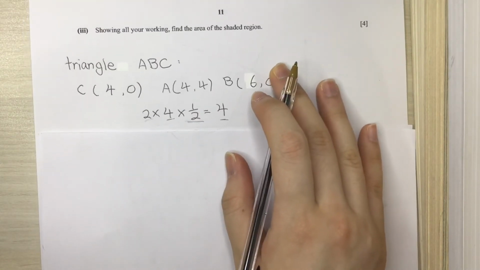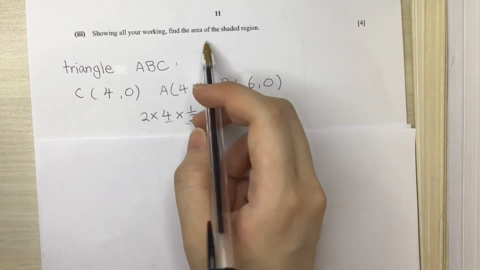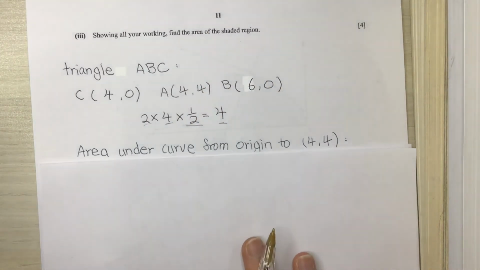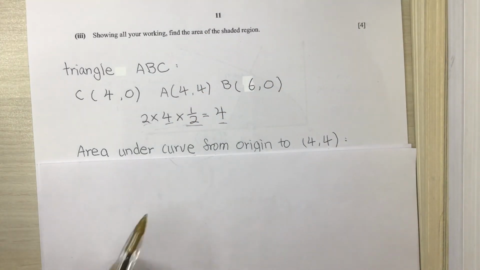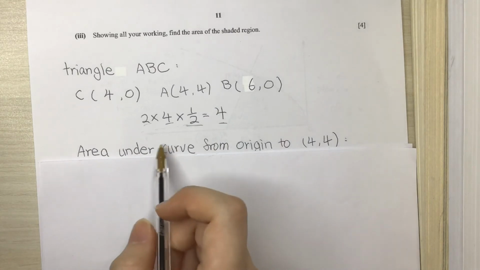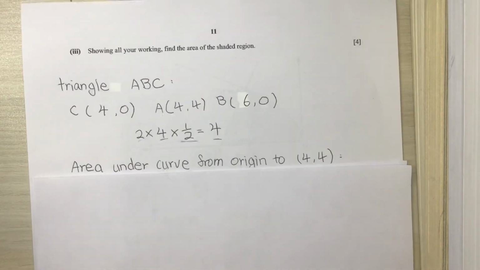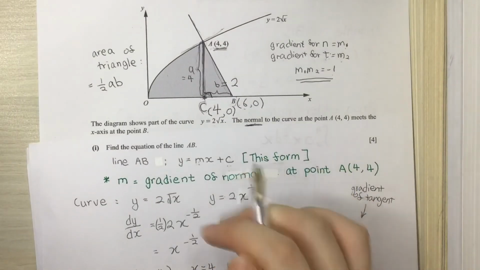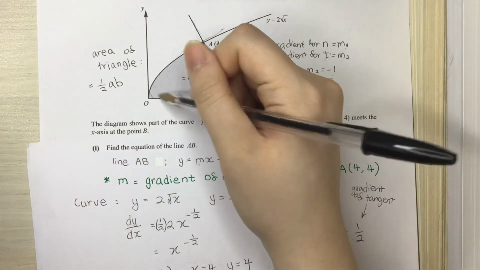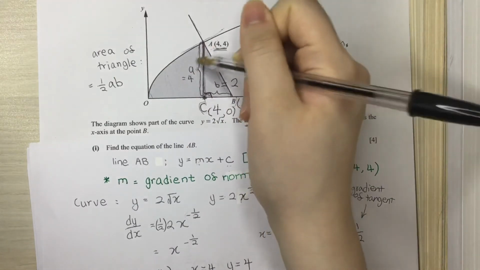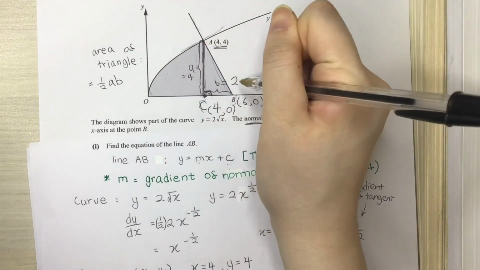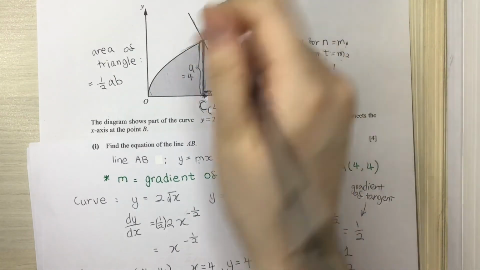So this will be your first step in finding part of the area of this shaded region. And of course, the remaining area under the curve from origin to 4, 4, the given point, means all the area that is shaded under here, excluding the right angle triangle over here.